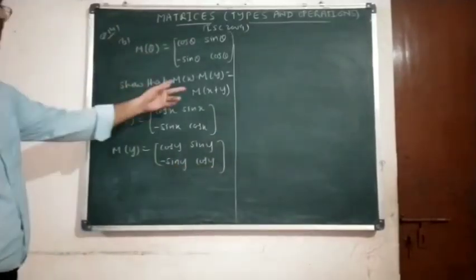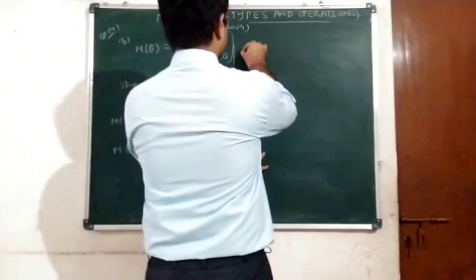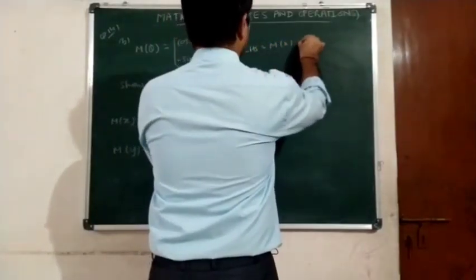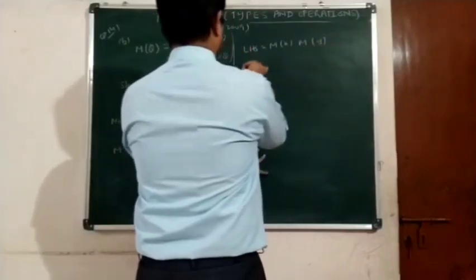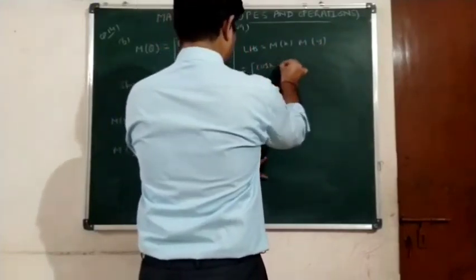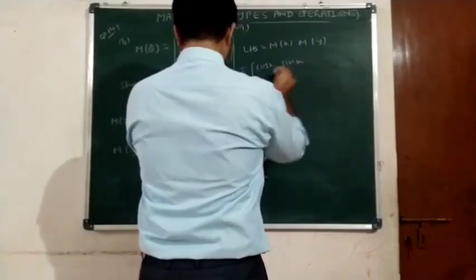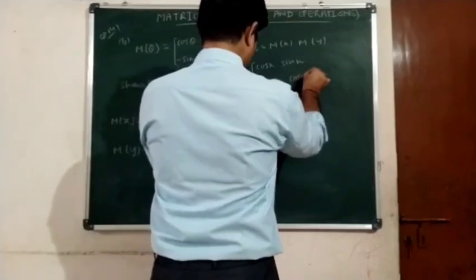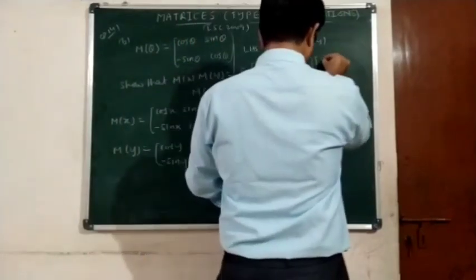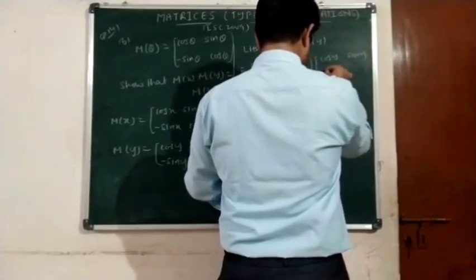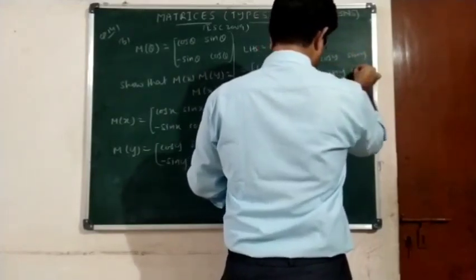Now we will take the left hand side, LHS. LHS is M of x into M of y, which will be equal to multiplication of two matrices, cos y sin y minus sin y and cos y.